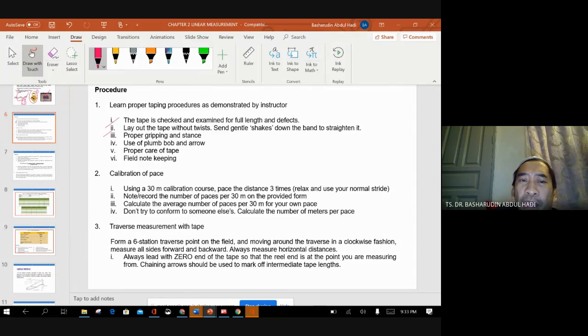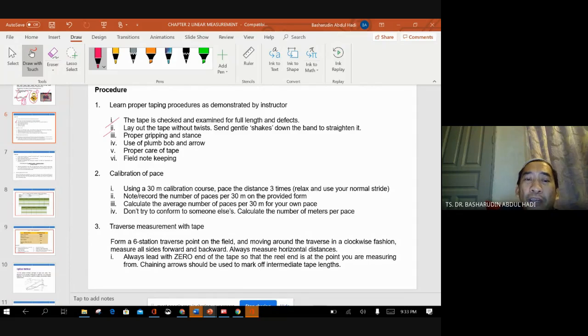Field note keeping, the students normally don't care because they feel that after they finish the work, it is finished. No, actually you must keep your field notes or book recordings on the field because we want to calculate. The students normally don't understand.